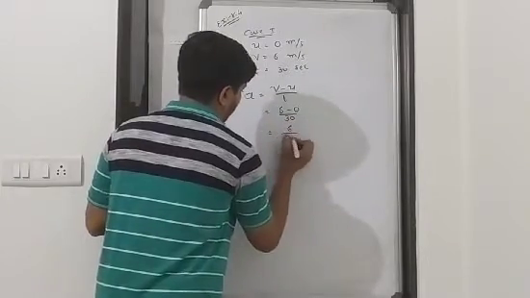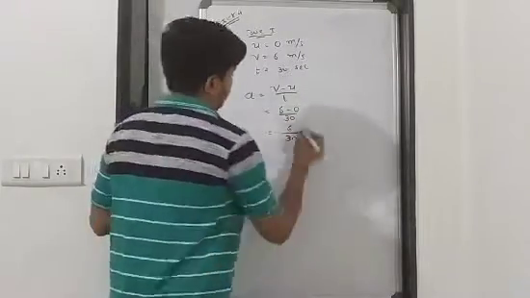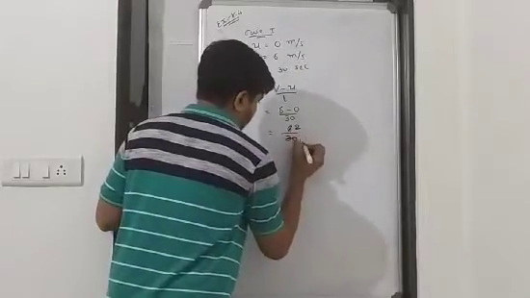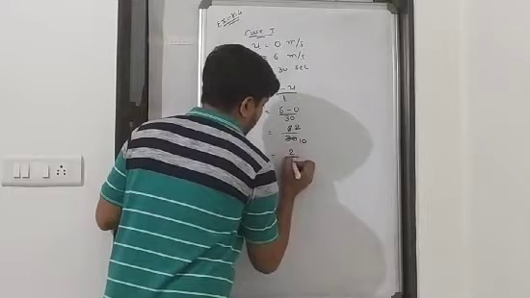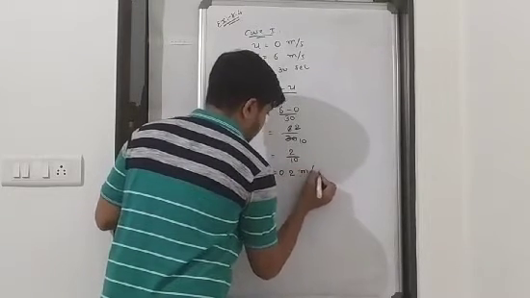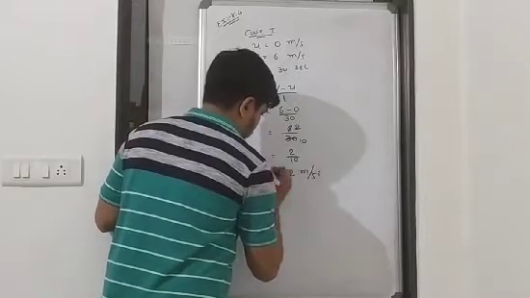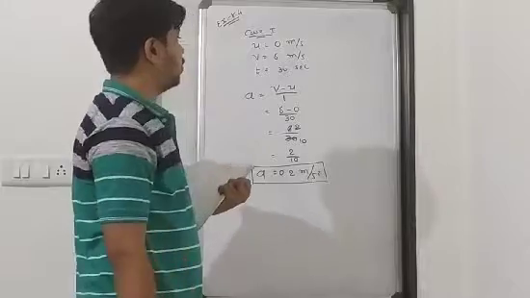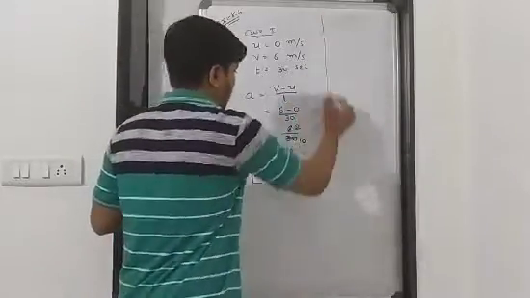So 6 by 30. Five sixes are 30, so 1 by 5, which is 0.2 meters per second square. So a is equal to 0.2 meters per second square.